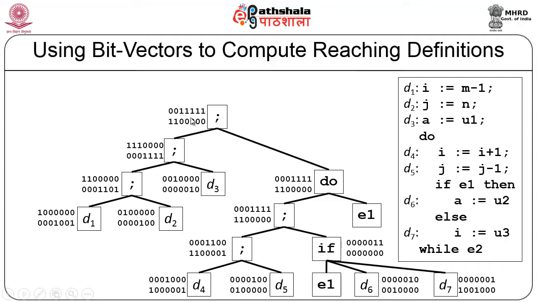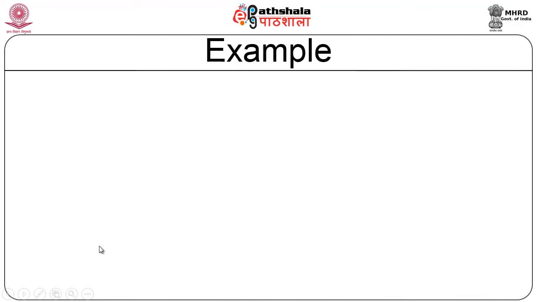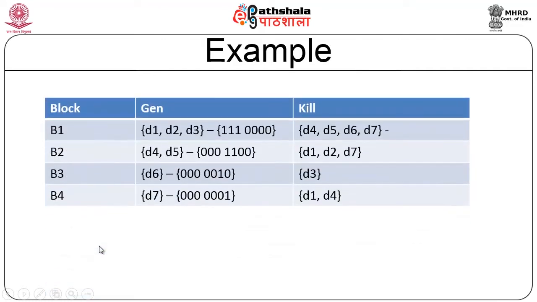The corresponding bit will be set to 1 or not, depending upon the resulting vector here. Now let us take this example. Block B1 has 3 definitions, D1, D2, D3, therefore it is set. Block B2 has 2 definitions, D4, D5. Block B3 defines D6, block B4 defines D7. Though B1 has 3 statements, all the 3 statements are defining a variable of its own choice.